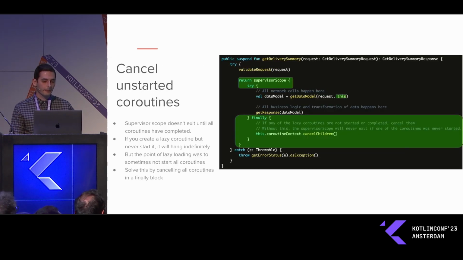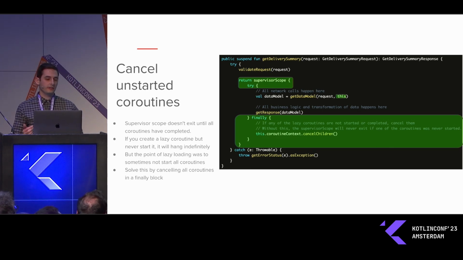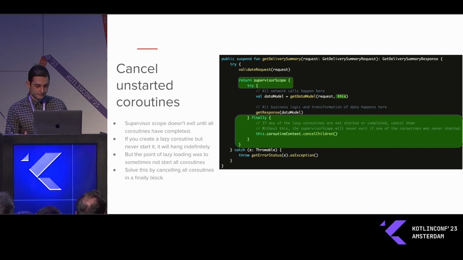That's pretty much it. But one last gotcha is that you need to cancel any unstarted coroutines in a finally block. This is because a supervisor scope block doesn't exit until all of the coroutines have completed. So if you create a lazy coroutine and never start it, your program will hang infinitely.